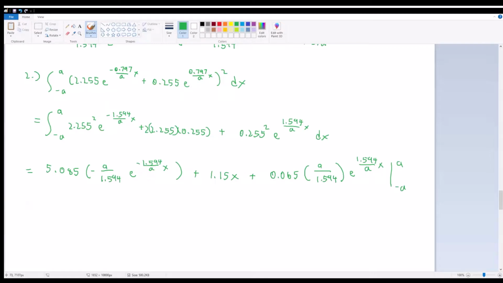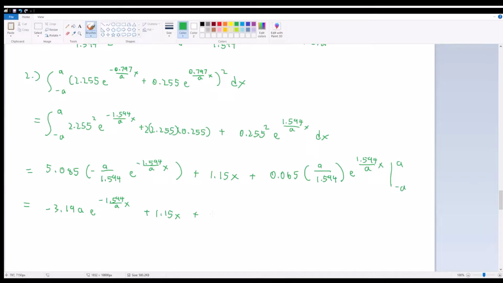So from here, I want to do some math and cancel out some stuff. 5.085 divided by 1.594 is negative 3.19 a times e to the negative 1.594 over a times x plus 1.15x plus 0.065 divided by 1.594.